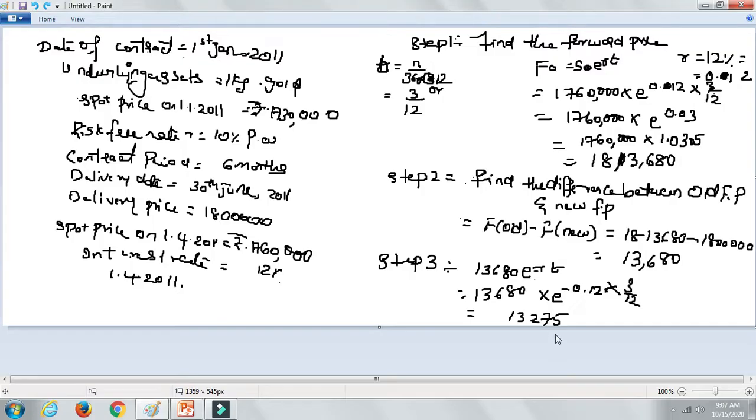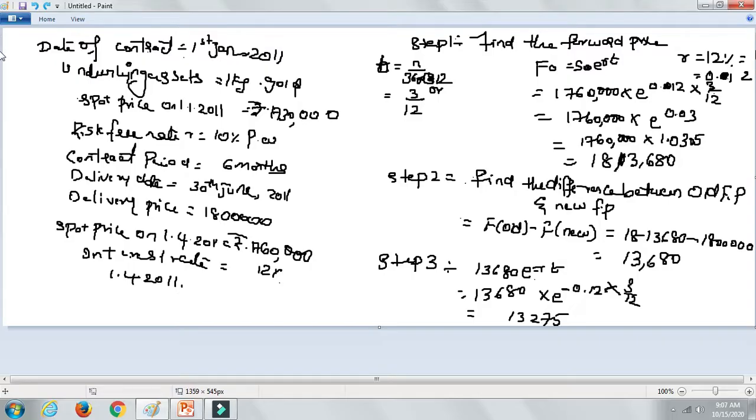Okay, because the date he entered into, it was 17 lakhs. See, one simple thing I can say is, if the forward price rises, the benefit will go to the buyer. If the forward price declines, the benefit goes to the seller. Here what is happening, the forward price is rising, isn't it?